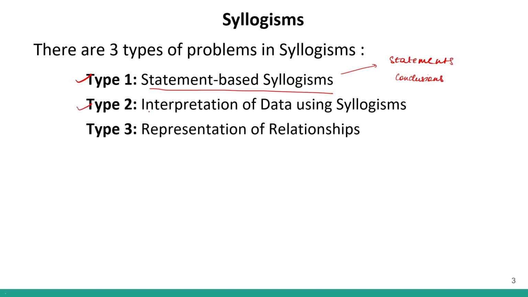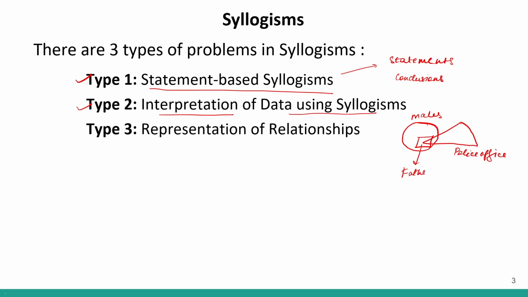Then we have interpretation of data using syllogisms. For example, I told you, let's say this circle represents the number of males, this triangle represents the number of, let's say, police officers, and this small square depicts the number of people who are fathers.